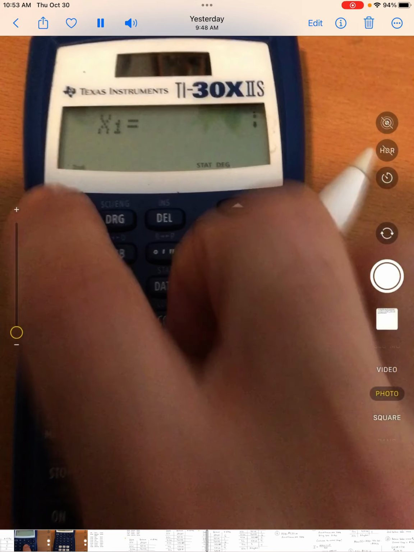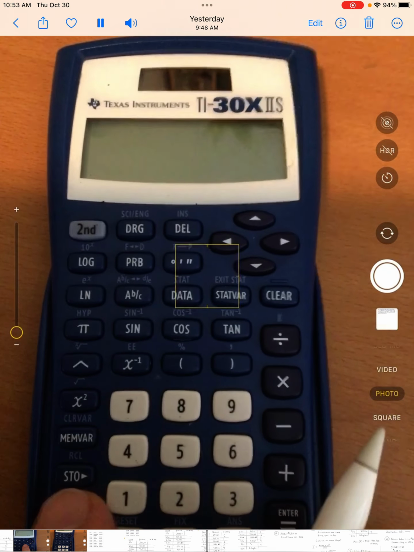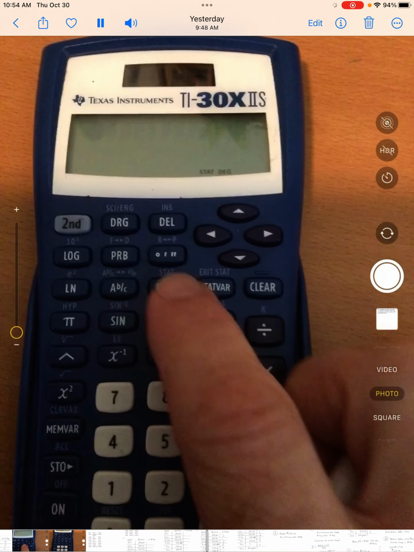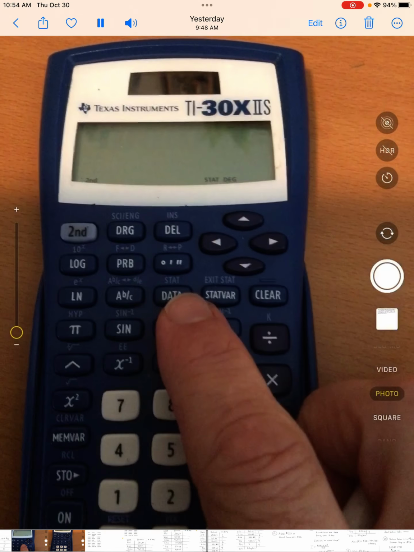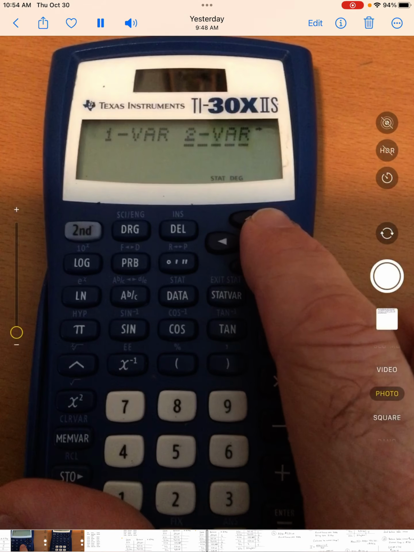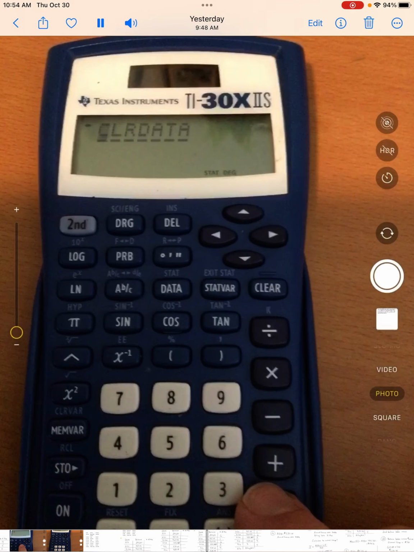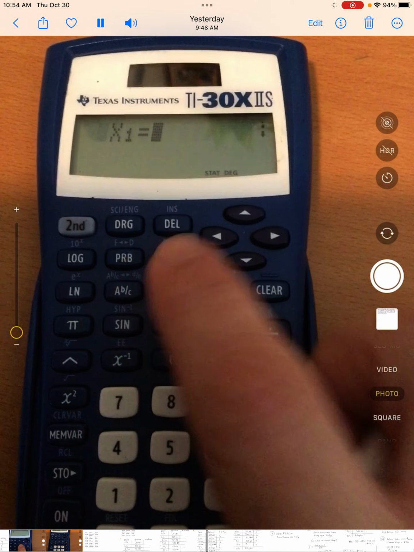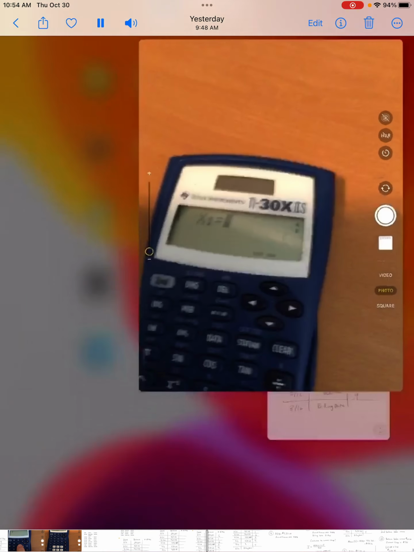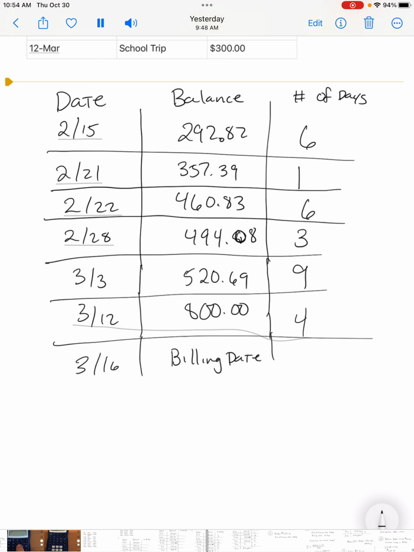So if you remember, sometimes it's hard to get rid of stuff. If I go second, data, it gives me these options. And if I go 2 to the right, it allows me to clear the data. So now I'm ready to go. I don't necessarily want to have you focused on me entering that in, because it will take a little bit longer. So I'm typing in 292.82, hitting the down arrow and a 6.